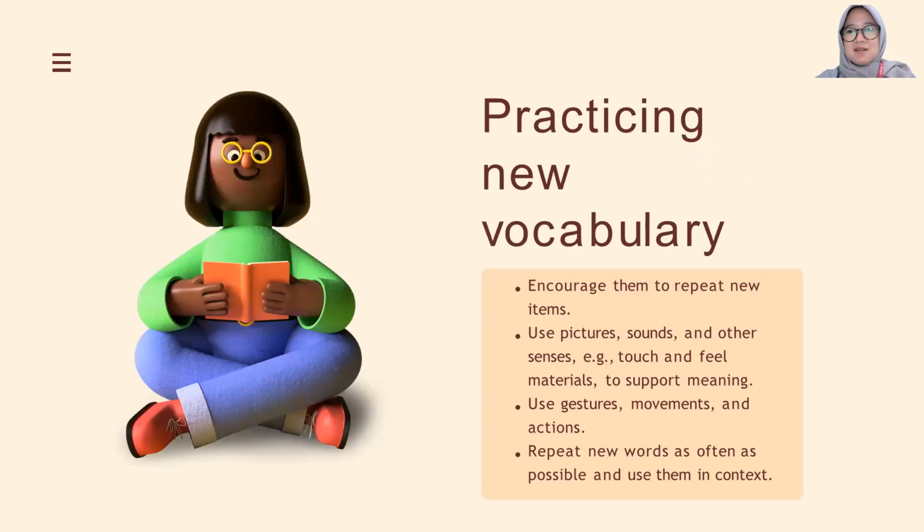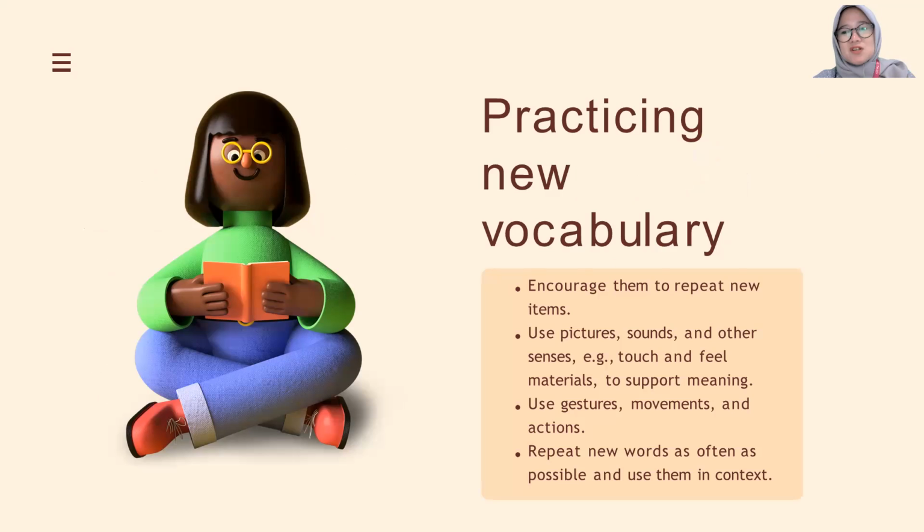All right, and then practicing new vocabulary. Encourage them to repeat new items because repetition will work very well. So they will remember it well, and then they will try to use it or to say it again and again, even while they are walking home.